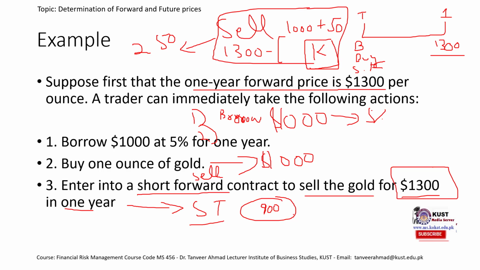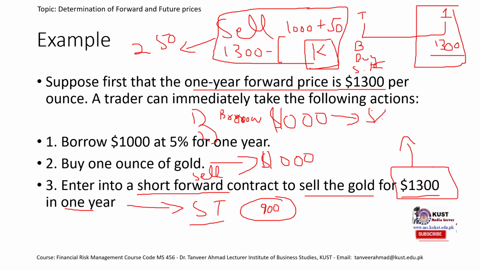Now, I just said that even if the price in the market on expiration is 900, even that won't matter to this investor because he is already secured through this short forward contract. So what do we conclude from this example? We conclude that this 1,300 was a higher price.